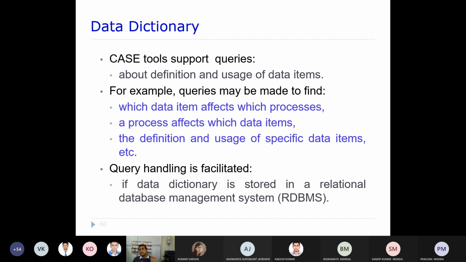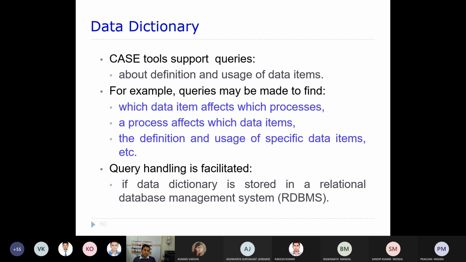Let's say these are the data items, and if you make any changes to them, you can think about what the different processings are that will get affected. So these sort of things can be queried, and then you can get the replies from these CASE tools.